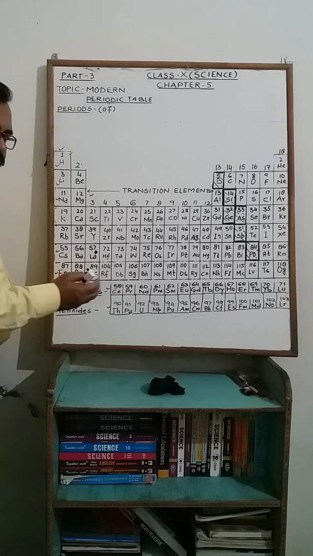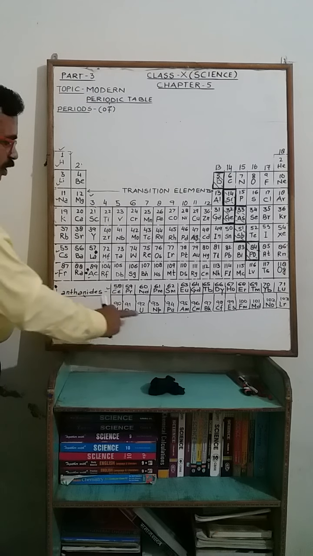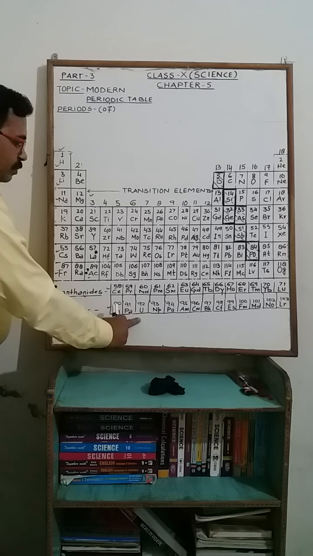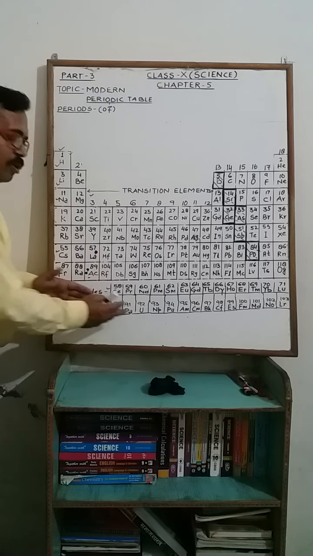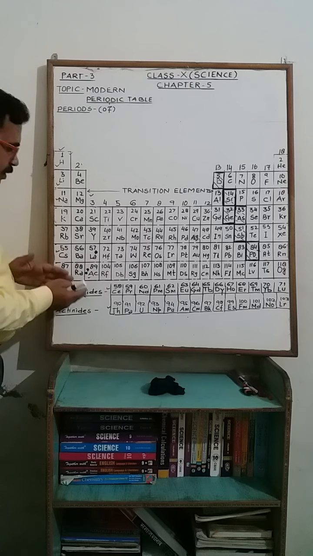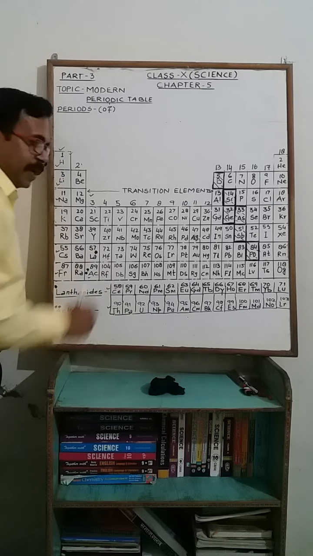To avoid the lengthiness of this modern periodic table, these 14 elements are again placed at the bottom, known as actinides. These 14 elements are known as actinides.